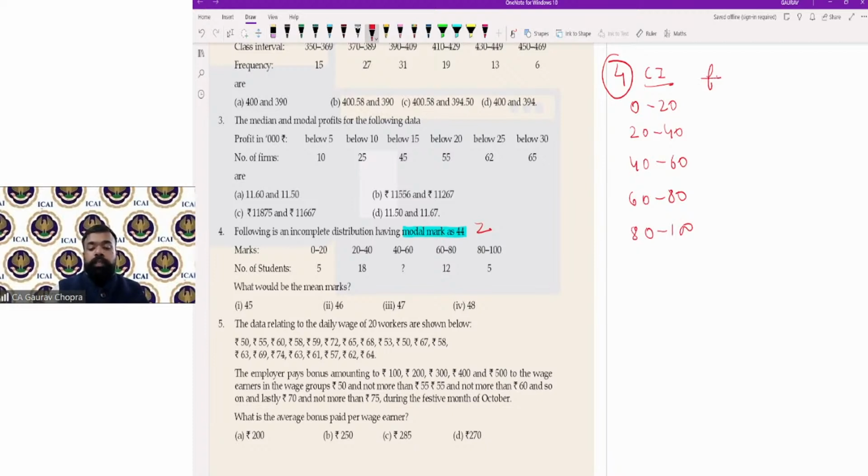Then frequencies 5, 18, then one figure is missing. Let's assume it to be X, 12, and then 5. Now you have to calculate this missing figure first and then find out the mean marks. And at last you require the mean marks, that is the average.